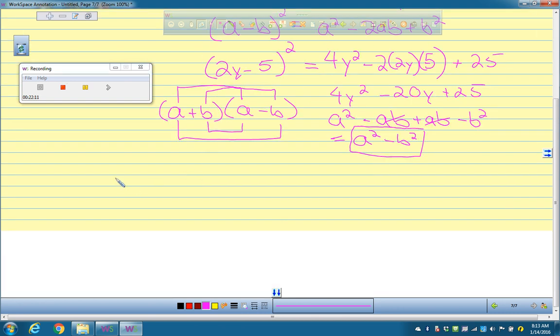Say I were to have 2m minus n times 2m plus n. Okay? So they're exactly the same except one has a plus sign and one has a minus in between. Who can tell me what the answer is going to be?